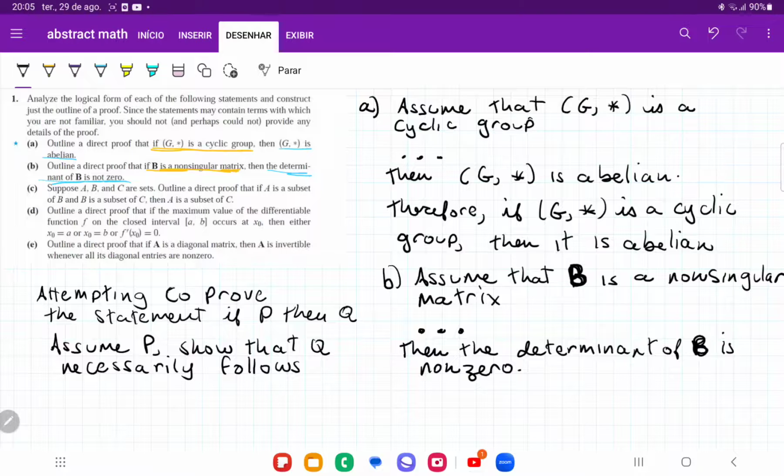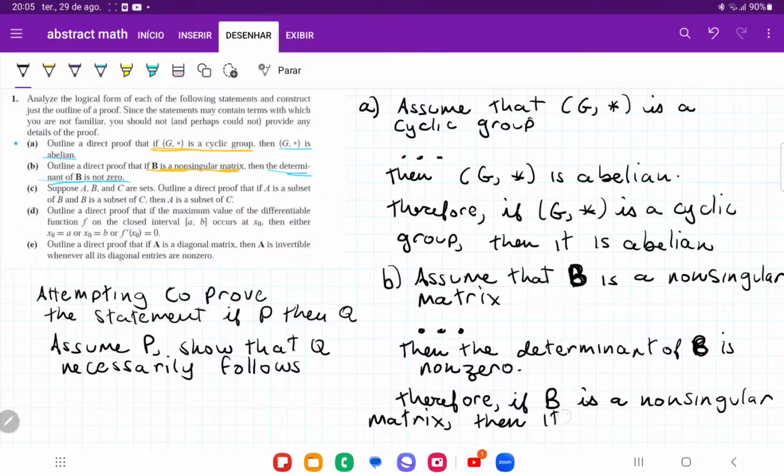And so our conclusion is, we say, therefore, if B is a non-singular matrix, then its determinant is non-zero.